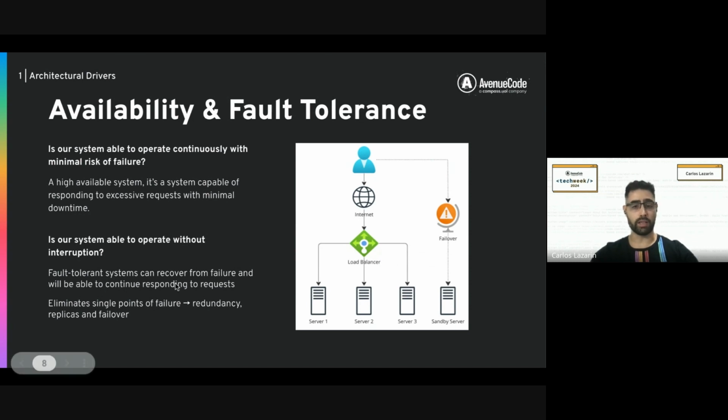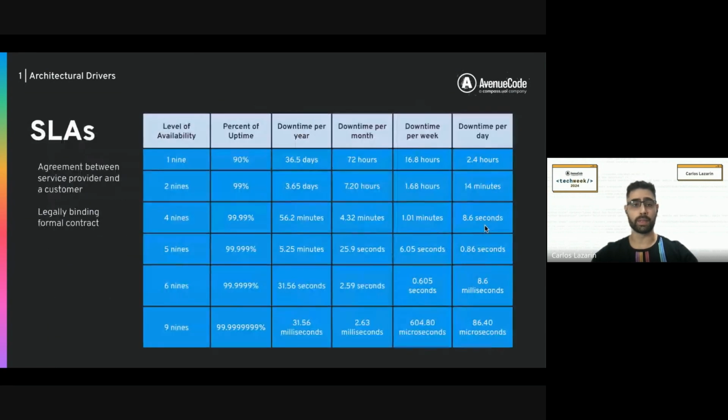Doing that, we're going to limit the single points of failure, and our application is going to be available most of the time. So availability is also measured by a percentage that is defined by our SLAs, that are service level agreements. It's a kind of contract that we service providers make with our customers, right?